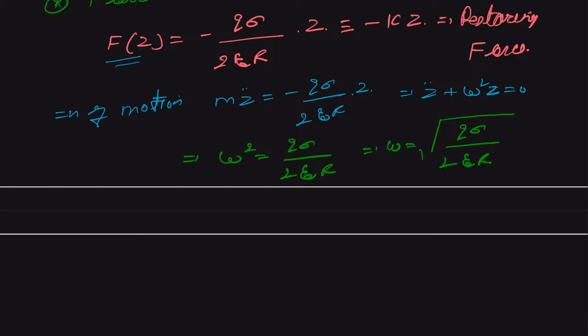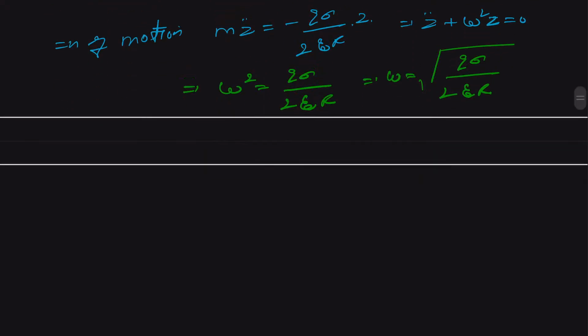And we are also given the values. Mass is given, everything is given to us, so we can easily find all these things. So let us substitute it. And here I missed one thing, that is mass. Okay.